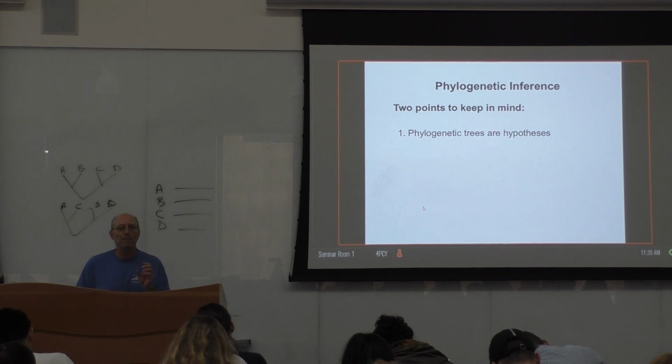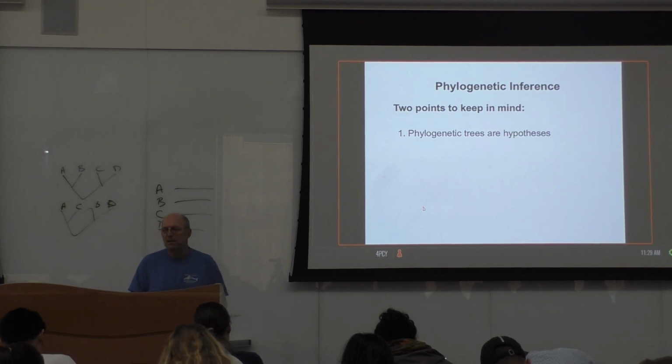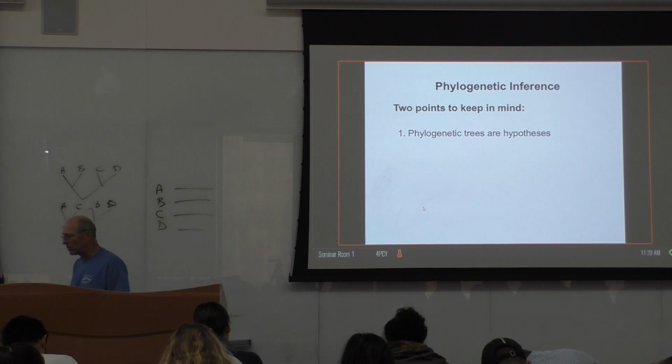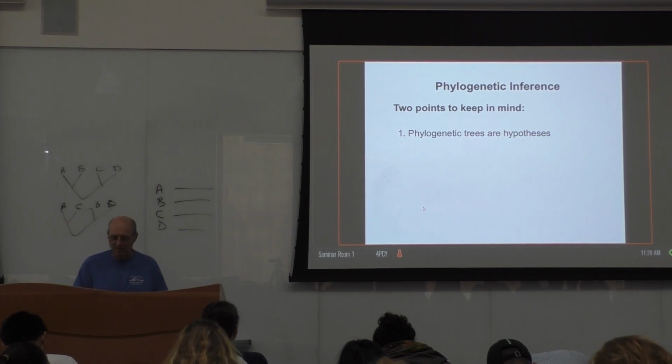Phylogenetic trees are hypotheses. They are not set in stone. Right now we have data and we feel comfortable with the results, but these are things that need to be revised all the time. So right now the data show this, but in two years if we get more data, things may change. They are really hypotheses. It's really important to keep that in mind.